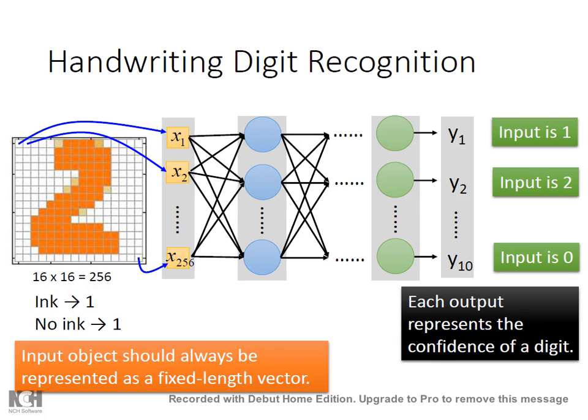The 10-dimensional vector is actually the probability of each digit. So each output represents the confidence of a digit, or we say the probability of a digit.